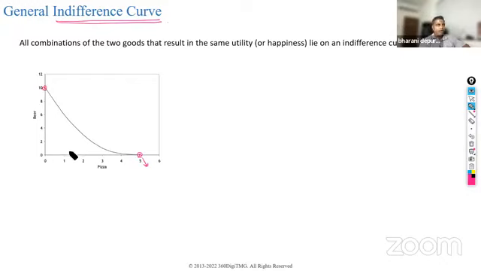If you're given an option to have 5 pizzas or 10 beers, the amount of happiness is equal. Either you invest in buying 5 pizzas or invest in consuming 10 beers, it will give you equal satisfaction or equal happiness. So these two will have same utility or same happiness. Utility is equivalent to happiness.